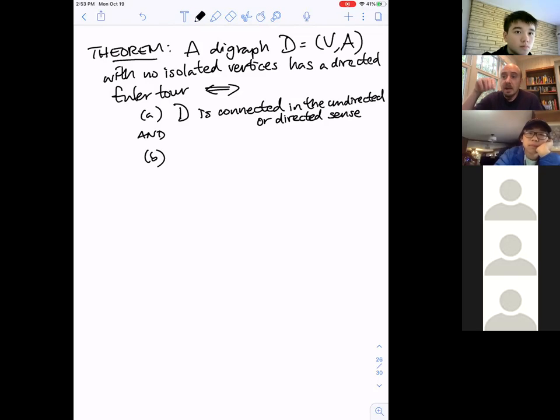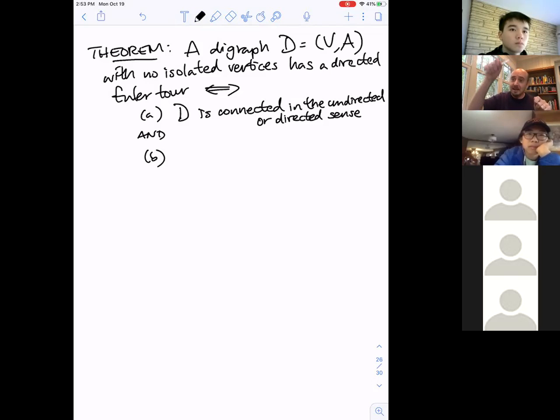So connected in the undirected sense means I'll let you use the arrows in either direction. I don't even care whether you go with the arrows, but between any two vertices, you can find some path between them, even if you have to reverse arrows. In the directed sense means any two vertices actually have a directed path from one to the other, okay? And there's even something called the strongly connected sense when you have a directed graph.